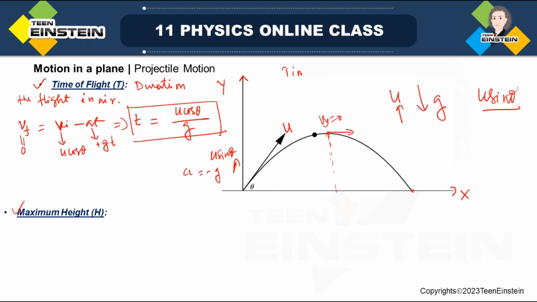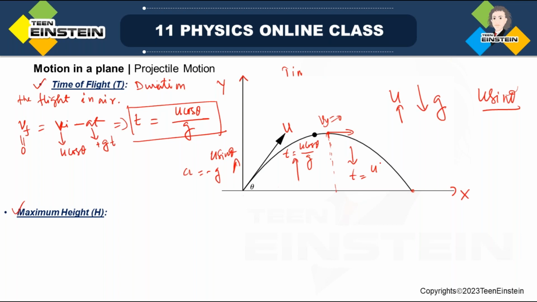Since the motion of the projectile is symmetric, it takes the same time to come down. While going up to the maximum height, it takes time t equal to u sine theta by g, and while coming down, it takes the same time.